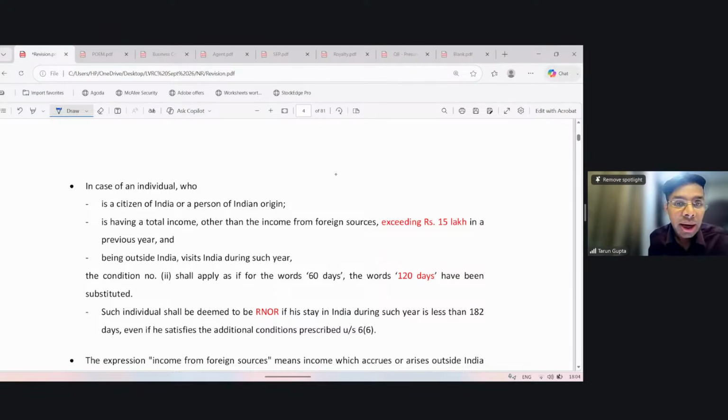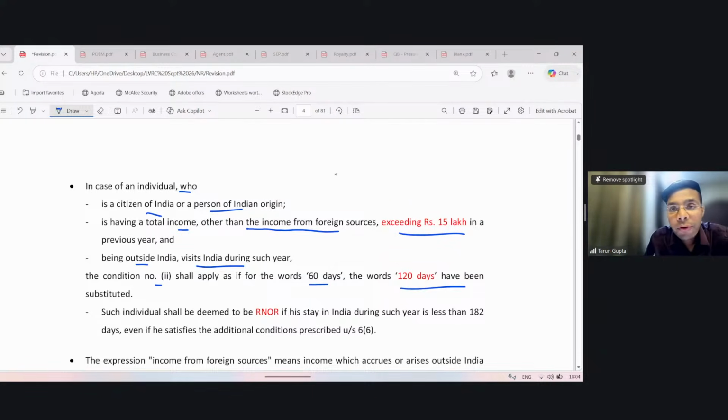What it says is, in case of an individual who is a citizen of India or person of Indian origin, having a total income other than income from foreign sources exceeding 15 lakh in a previous year, and being outside India visits India during such year, condition number two shall apply as if for the word 60 days, the word 120 days has been substituted.